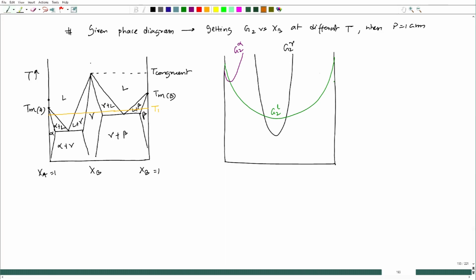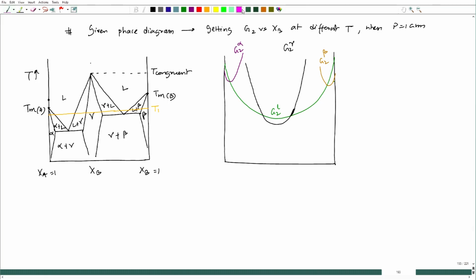So, let me draw it with this color. Let us say this is G2 beta. Let me draw this black one, the gamma.